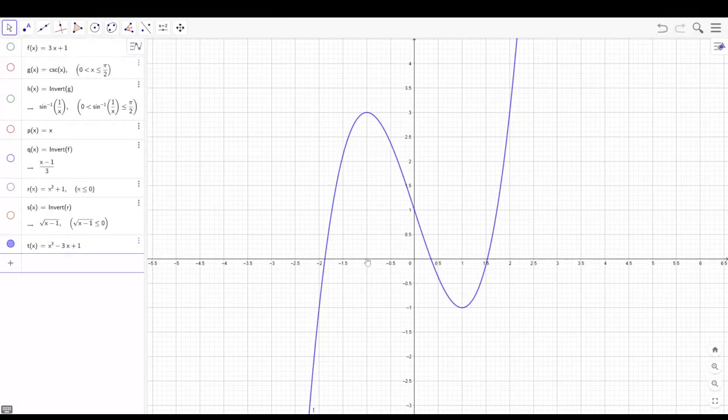The function is one-to-one to the left of -1, between -1 and +1, and then from +1 to the right. So there's 3 places where this function is one-to-one. But on the whole of the number line, the x-axis, it's not one-to-one, right? Because the horizontal line test fails. Okay, so if I was doing this question, I would just write that the horizontal line test fails here, right?